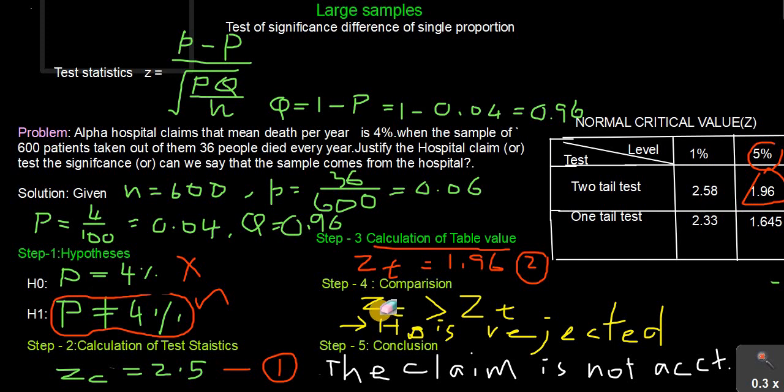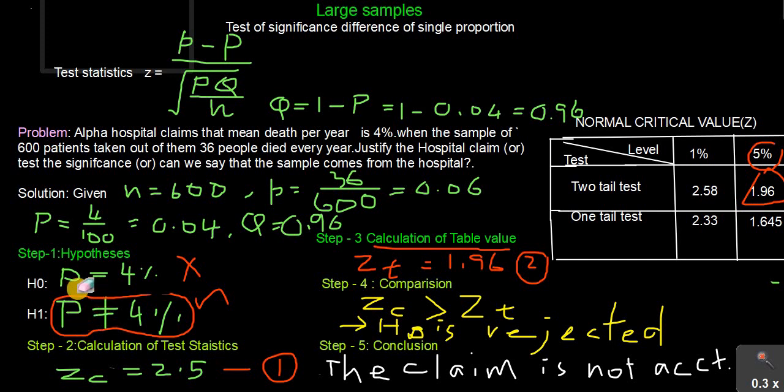Therefore the calculated value is greater than the tabular value. If that is the case, H0 should be rejected. So H0, that there is no significant difference between P and 4%, is rejected. Once it is rejected, the alternative hypothesis is accepted.